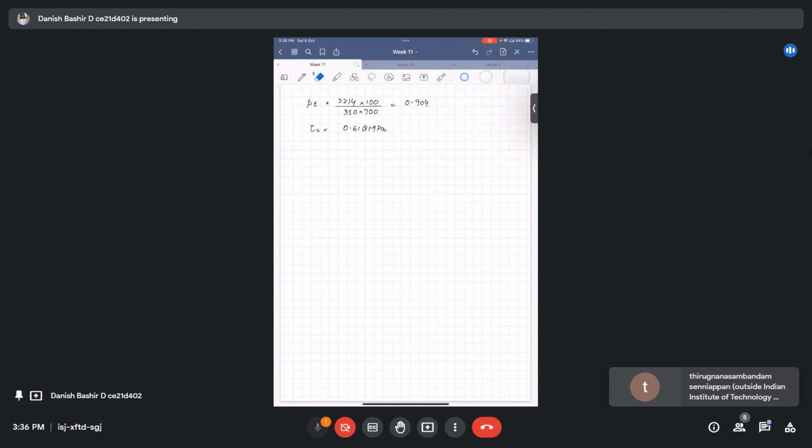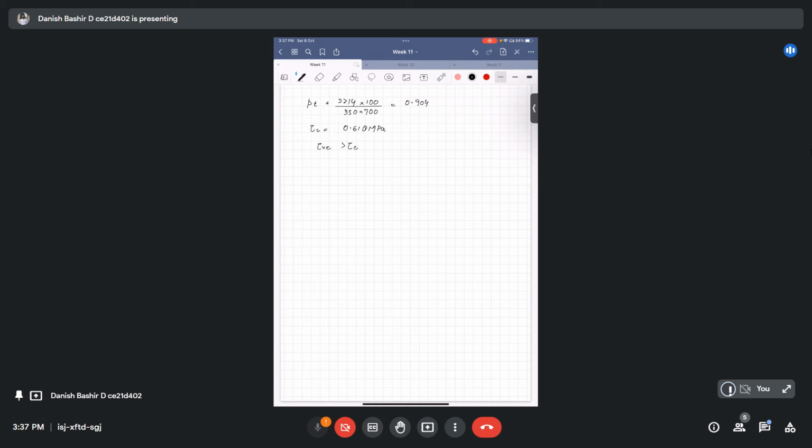So I have taken tau C as 0.618 megapascal. Now we are seeing here that the equivalent nominal shear, tau V equivalent, is greater than the shear strength of the concrete. That is, shear is at such a high level that it is beyond the shear strength of the concrete.